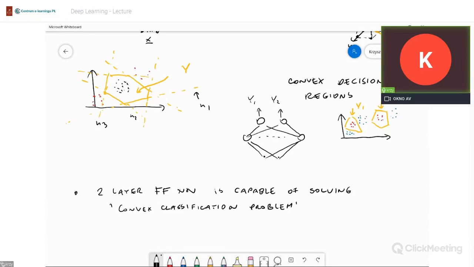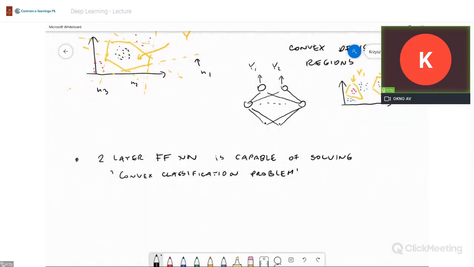So now, what is a more complex problem than a convex problem? Well, the only more complex problem than a convex problem is a concave problem. What do I mean? The only problem that I will not be able to solve using this approach is one where I have this kind of distribution of samples.